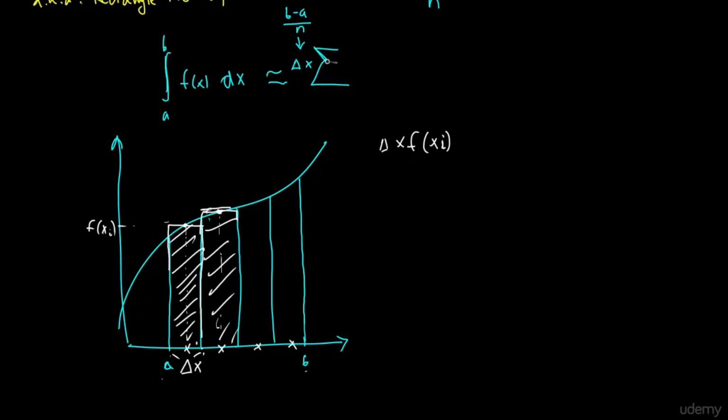Then we take the sum, and to sum, we need to calculate the actual values at the midpoints. That's essentially using our function, a function at a particular point, and we can certainly just call it xi. But in actual fact, this midpoint is, first of all, we start on the left, so it's always a plus, and then if we give it an index, let's say i going from 0 to n minus 1, I'm starting with 0 because I want to have the vanishing part if going from the left.